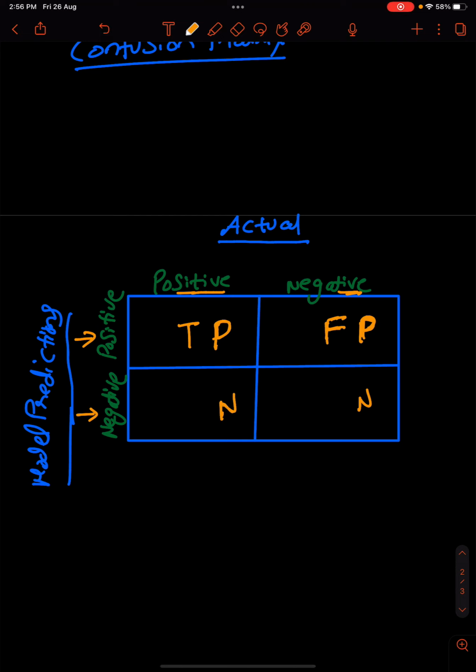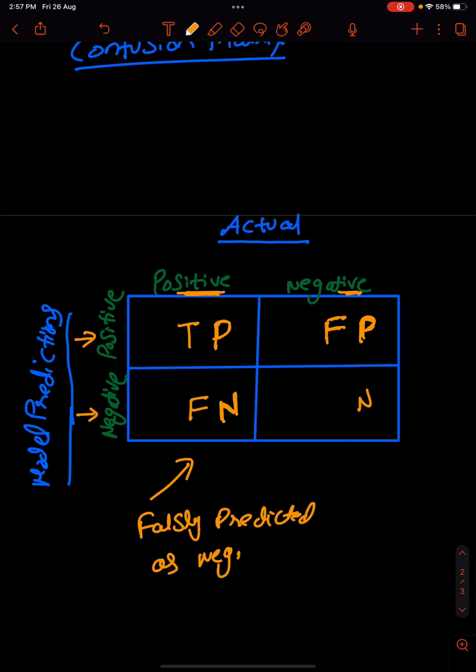Similarly, some records might be predicted by the model as negative here, and if you look at this particular cell over here, it belongs to positive. Actual values are positive but the prediction values are negative, so this would be false negative because these records have been falsely predicted as negative class.